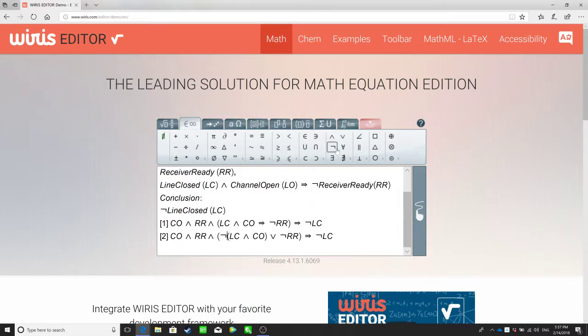We can put the negation inside, and this becomes or. So we get rid of this imply.